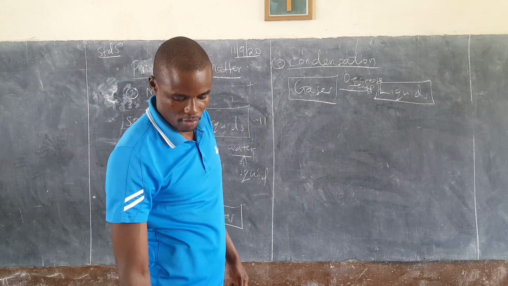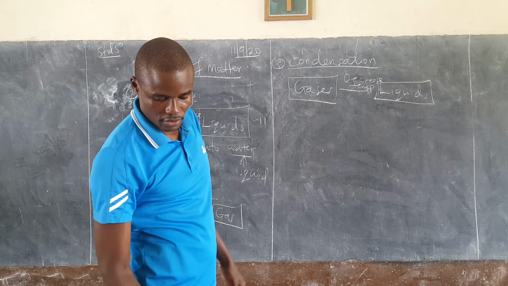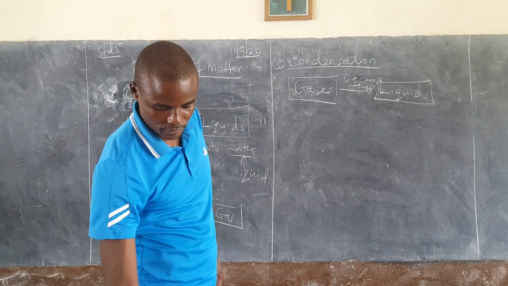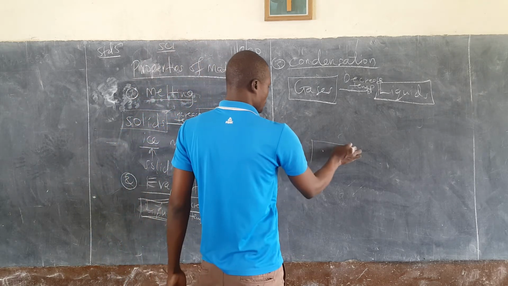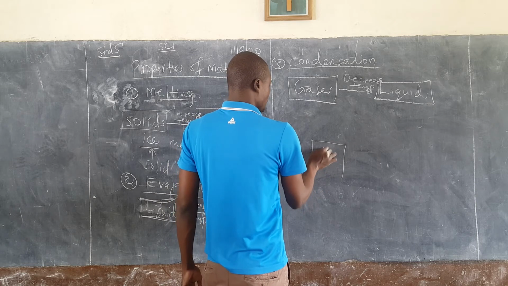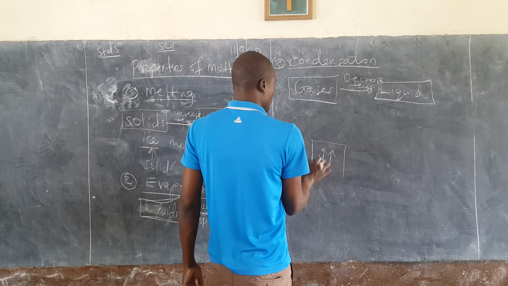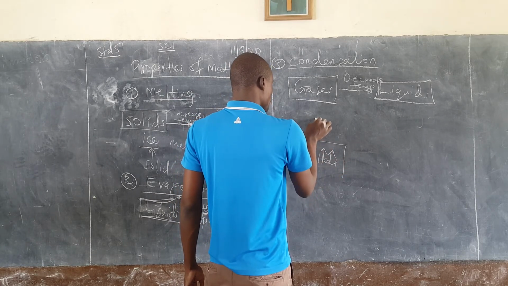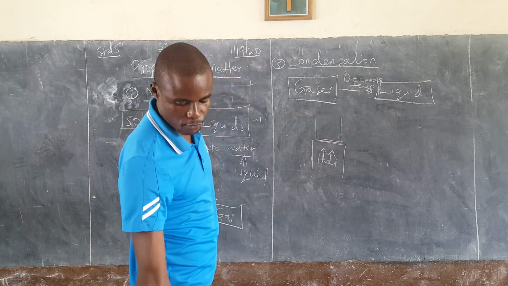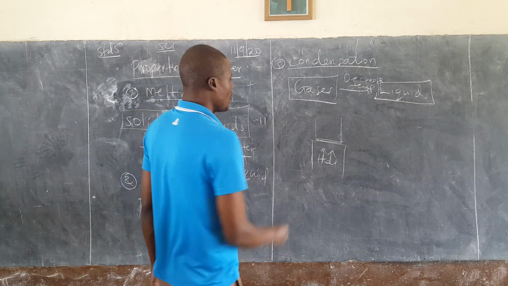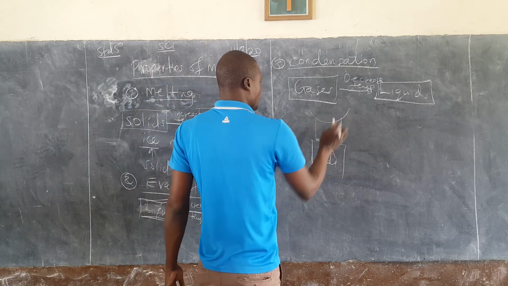We have also been given a diagram. It looks like this. There should be a source of heat. These are stands, so there's heat being applied. Then on top of it, we have a sufuria being put there, and after the sufuria, we have another container like that.